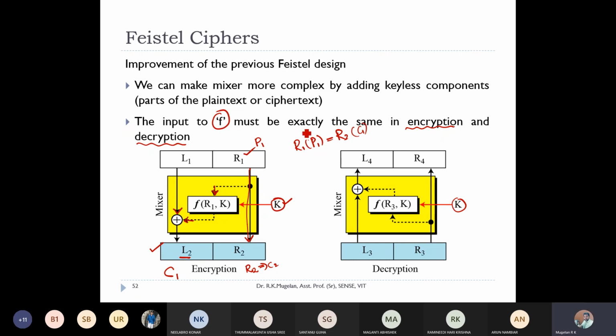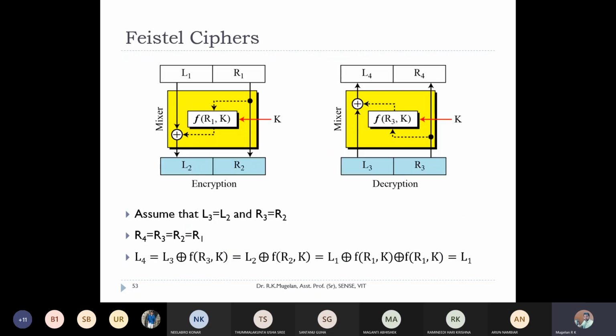And at the decryption end, again it's a reverse process, that is, the left-hand side is taken, and here they're taking the right-hand side part of my received ciphertext and the key to get the output. If you want to see this description very clearly, assume also that there's a lossless transmission, so your C2 is equal to C1, which means that your L2 will be equal to L3 and R2 will be equal to R3.